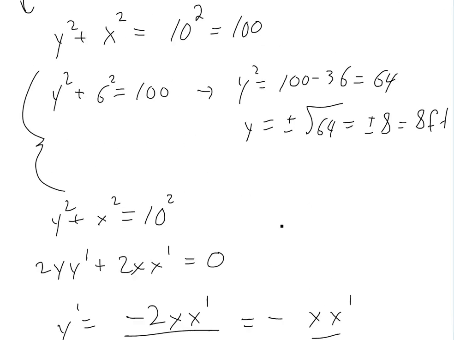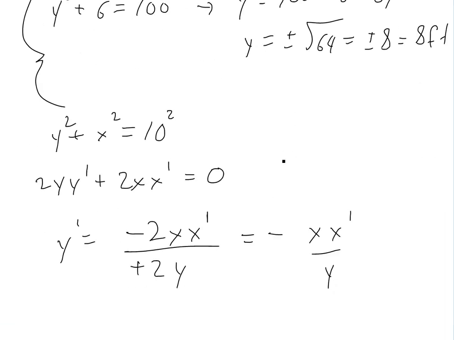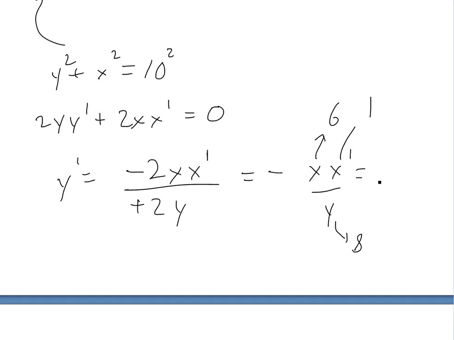And we know that x is equal to 6 feet, and y is 8 feet, which we solved earlier. And x prime we're given as 1 foot per second. So y prime is equal to negative 6 feet times 1 foot per second, divided by 8 feet.